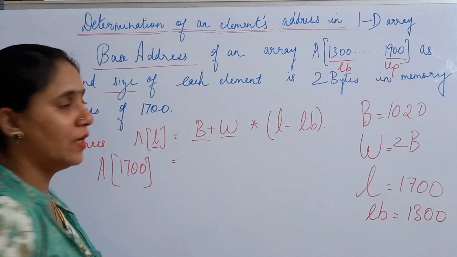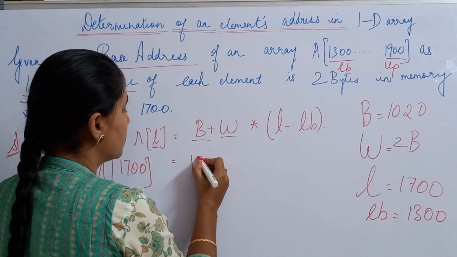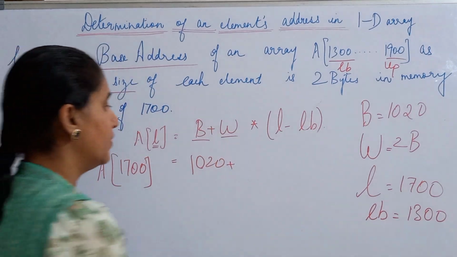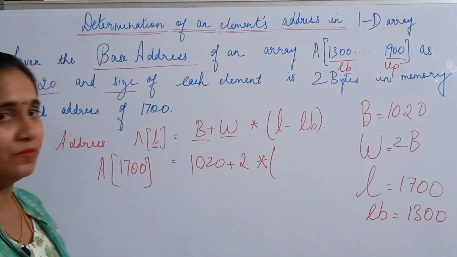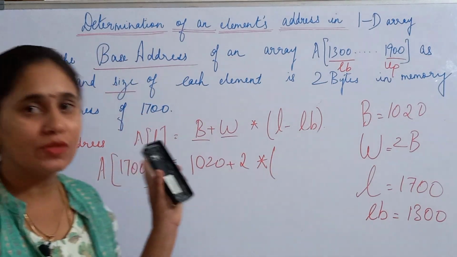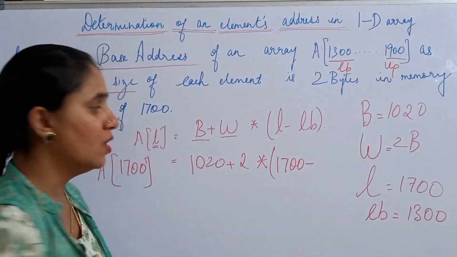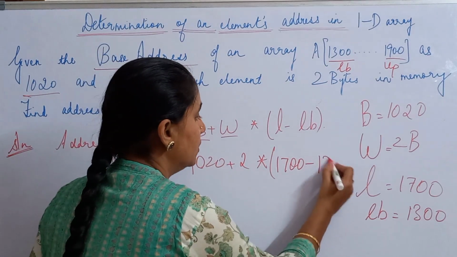The base value is given as 1020, plus W, which is 2, into L, which is 1700, minus the lower bound, which is 1300.